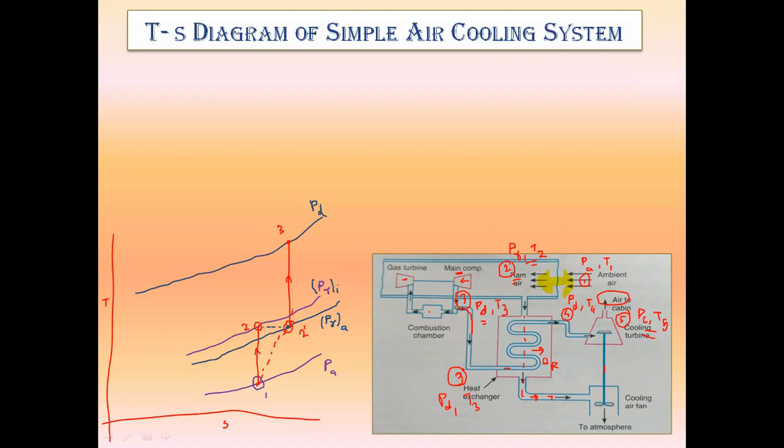So if I want to represent polytropic compression, then I have to draw a small deviation. So this will be called 2 dash to 3 dash, that will be called the actual compression inside the main compressor.